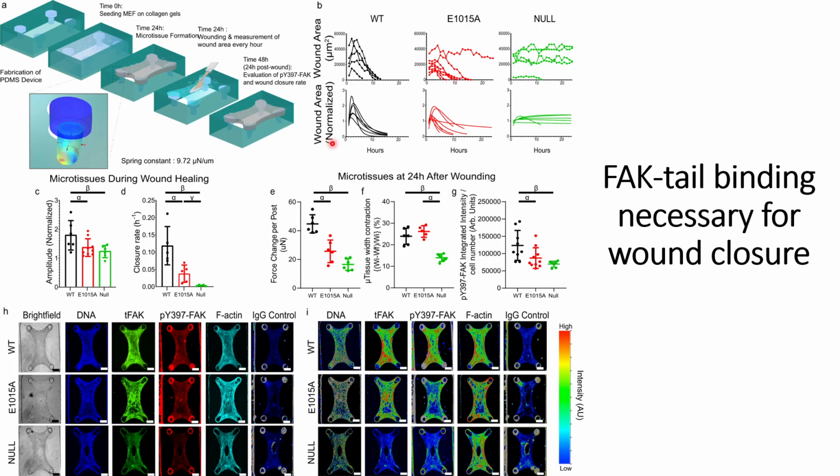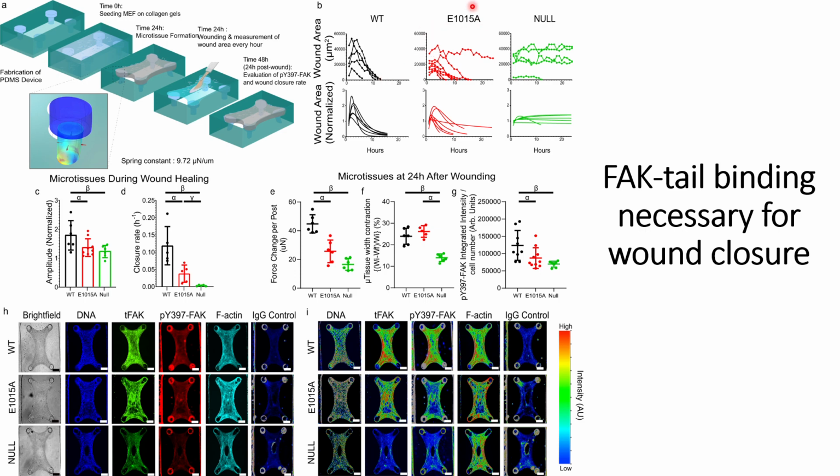So the results are shown in this panel B, where we can see that when the wound is created, initially the wound area increased, as we can see in the wound area, the raw data and also the normalized data. Wound area first increased and then it decreased slowly with time.